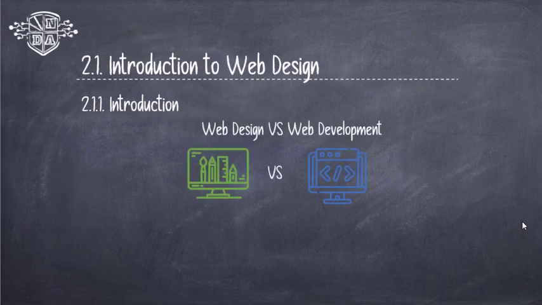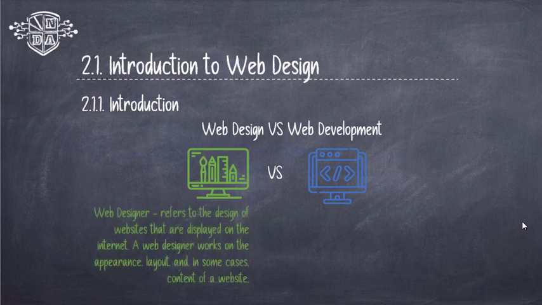So when we talk about web design versus web development, and we're going to talk a little bit more about this in later modules, it needs to be clear such that there's no confusion about it.